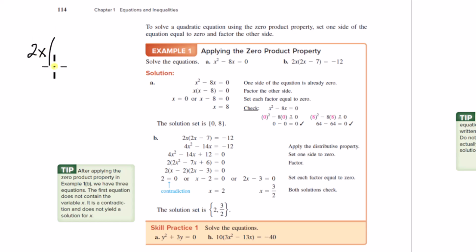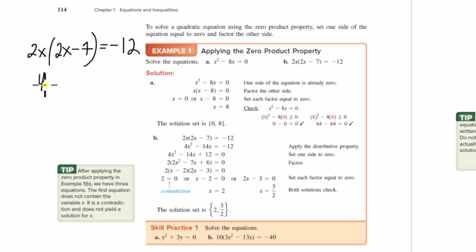Let's see. 2x times 2x minus 7 is equal to minus 12. Let's solve this. So, you know, we don't know what we have here. We just have this jumble of different terms. So let's go ahead and expand everything out and see what we're dealing with.